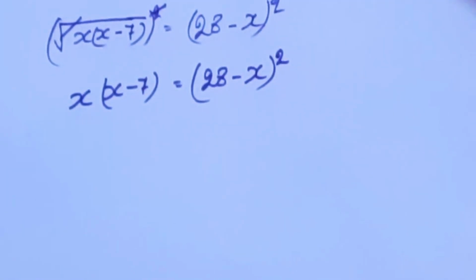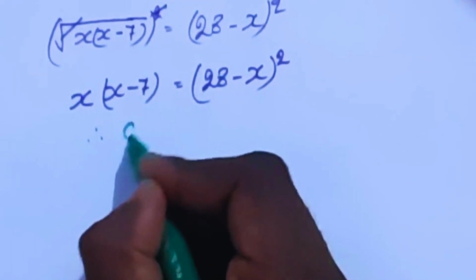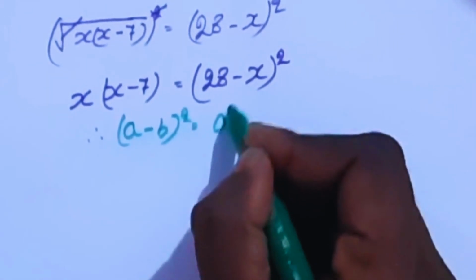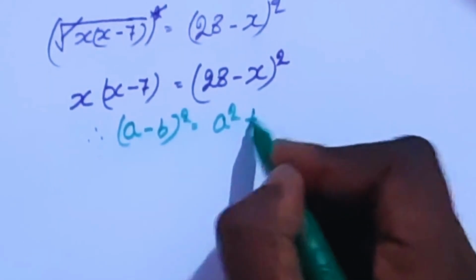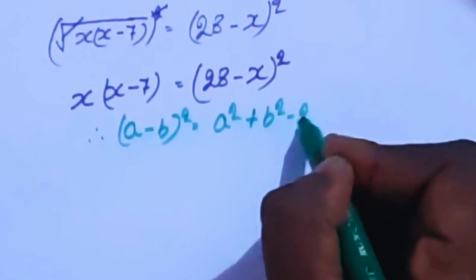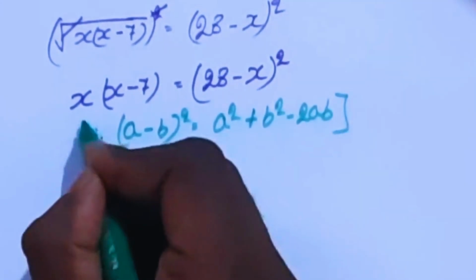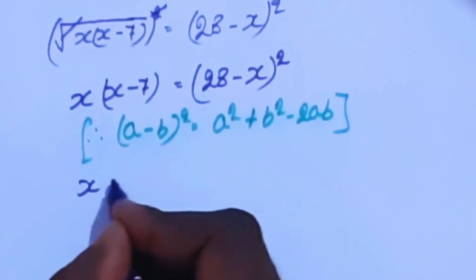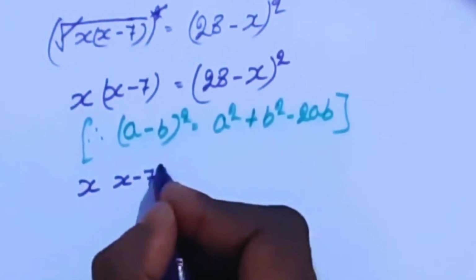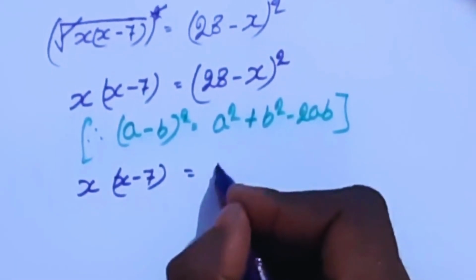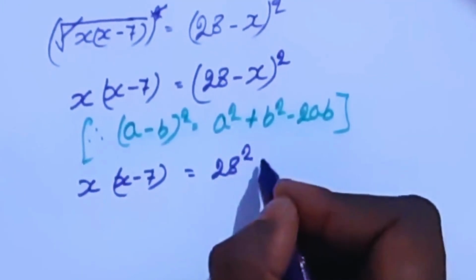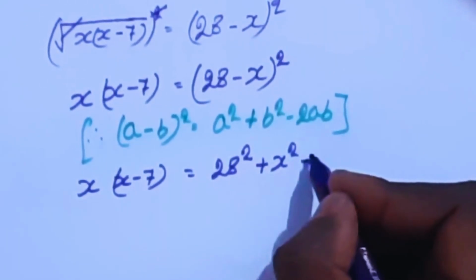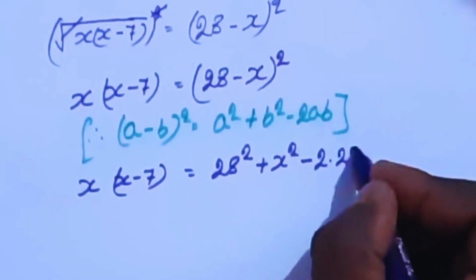Now we are going to apply here algebra formula, that (a minus b) whole square equal to a square plus b square minus 2ab. This formula we are going to apply here, so we'll get x times (x minus 7) equal to 28 square plus x square minus 2 times 28x.